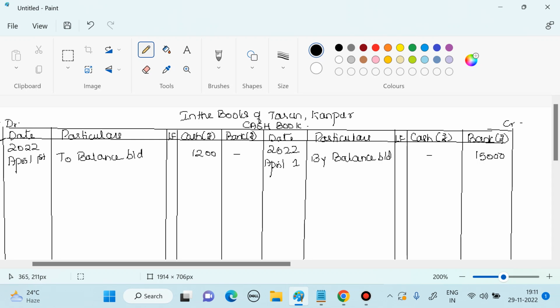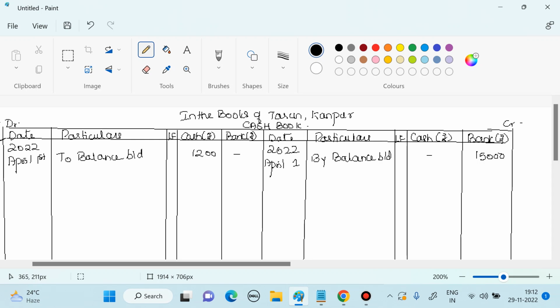Next transaction is April 3rd. Capital introduced 20,000. So when capital is introduced, we credit the capital. How is it introduced? Out of which 16,000 is by check from his savings account. So a check is being received worth 16,000 out of 20,000, so the balance we'll assume has been given as cash.